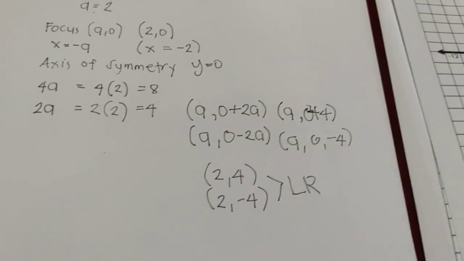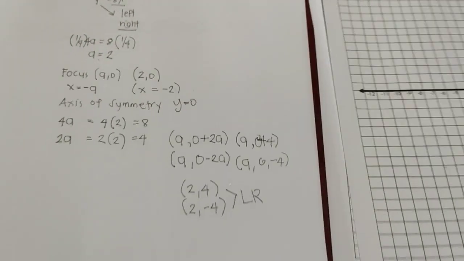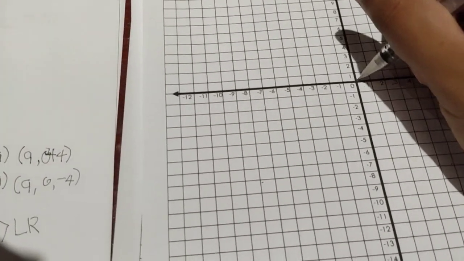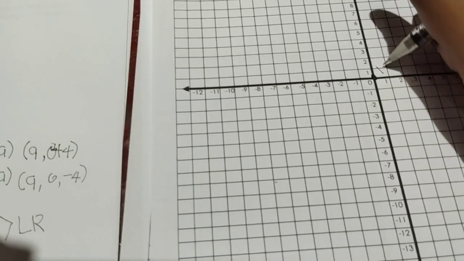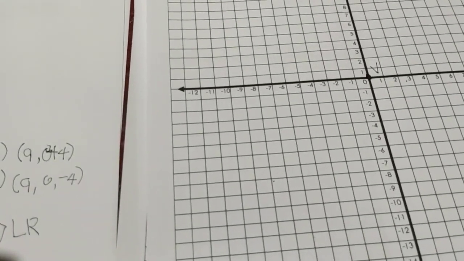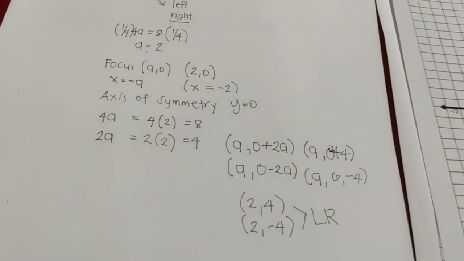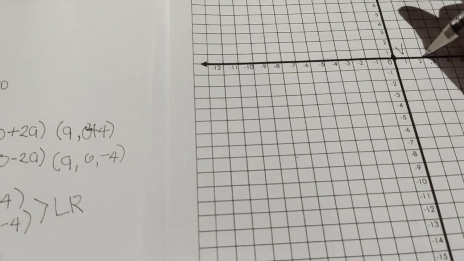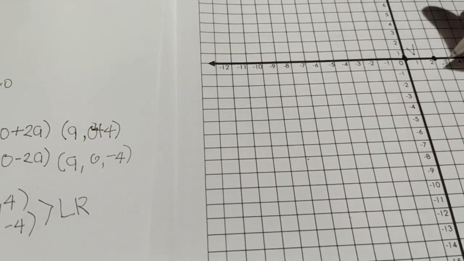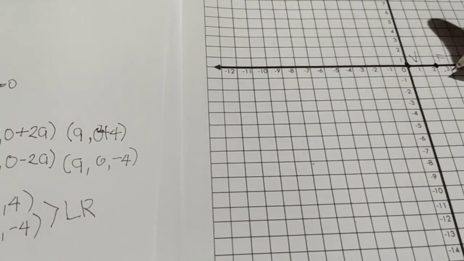Next, we are going to graph the parabola. We know that the vertex of the parabola is at the origin, or (0, 0). And the focus of the parabola is (2, 0). So we have (2, 0), and that is the focus.